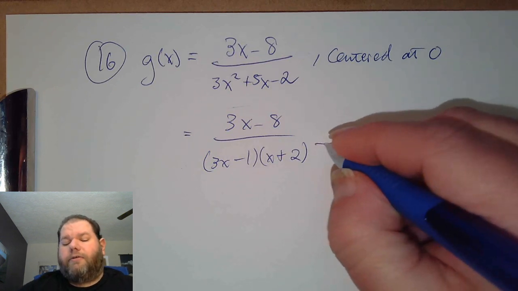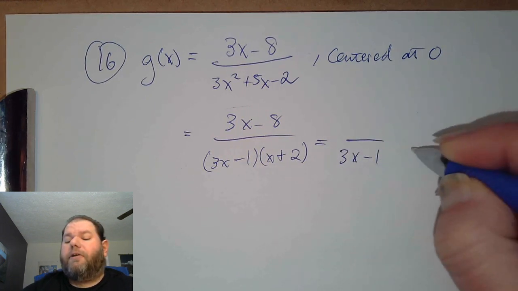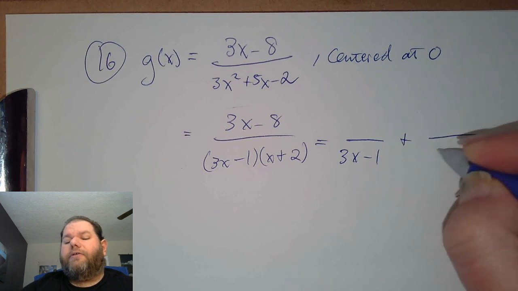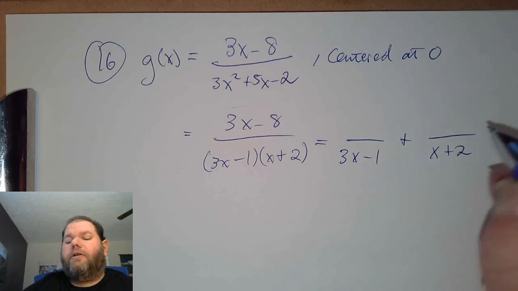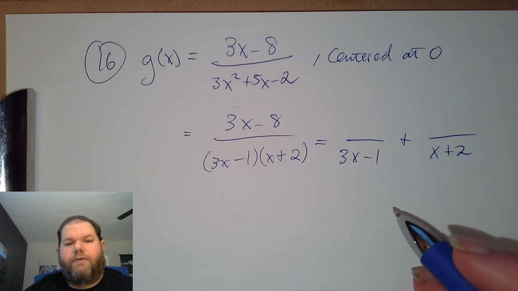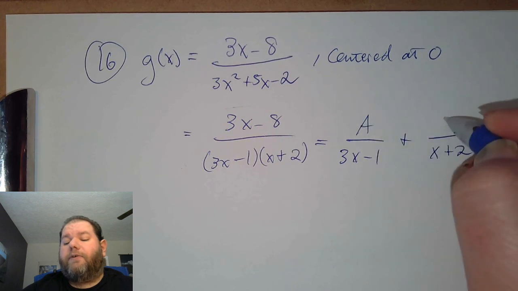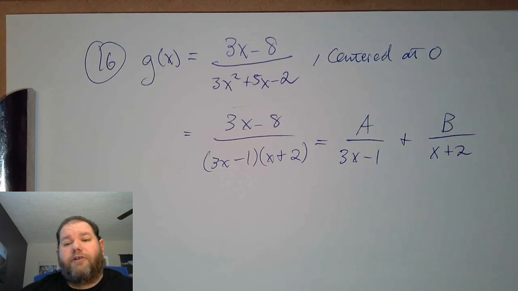Wouldn't it be great, though, if we could just have one denominator be 3x minus 1 and the other denominator be x plus 2? If we had them like this, we could actually work with our power series formulas. Well, it turns out that we do have a mechanism for doing that, and we studied it in the previous chapter, and that is the partial fractions method.